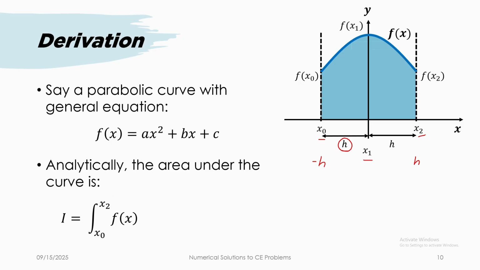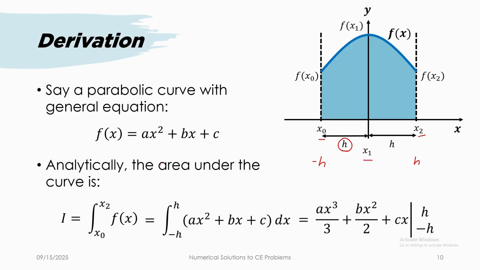Because we placed x sub 1 at the origin, x sub 0 and x sub 2 are negative h and h respectively. From that, we can say that the area is the integral from negative h to h of f of x, which is ax squared plus bx plus c. Which would lead to ax cubed over 3 plus bx squared over 2 plus cx evaluated at negative h to h.